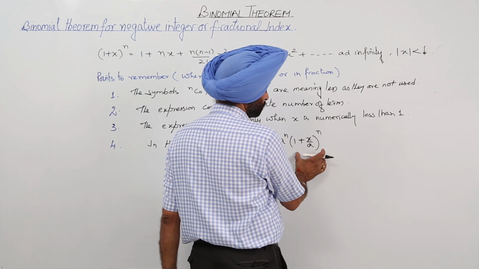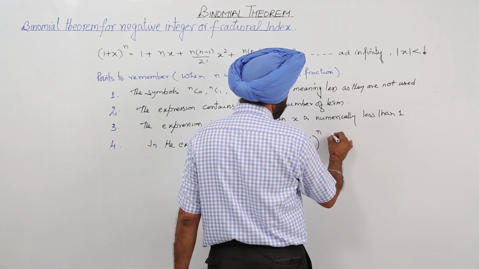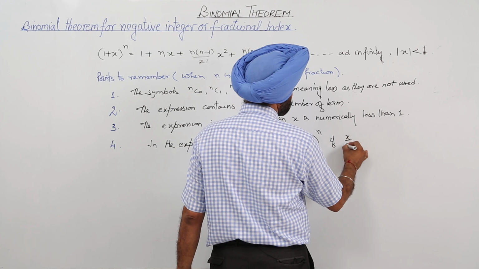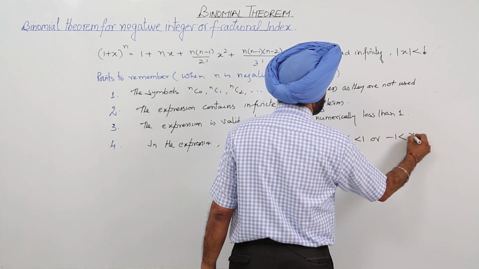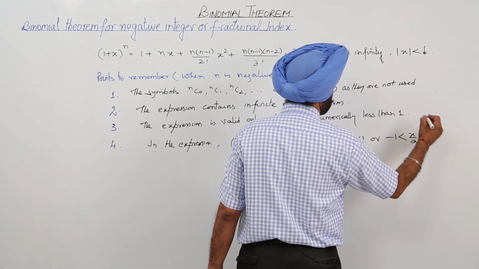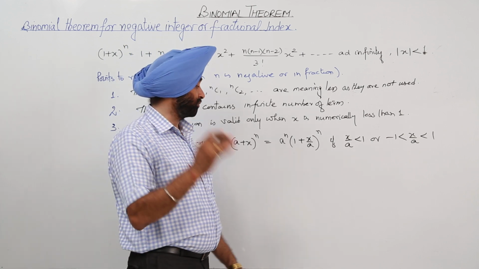Now this part, (1 plus x upon a) raised to the power n, is valid if the modulus of x upon a is less than 1, or negative 1 is less than x upon a, which is less than positive 1. This means x upon a lies in between negative 1 and positive 1.